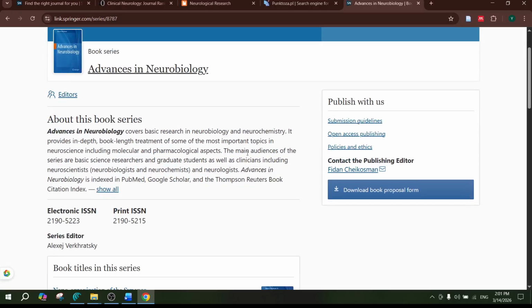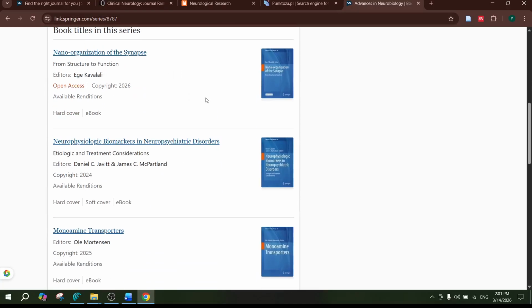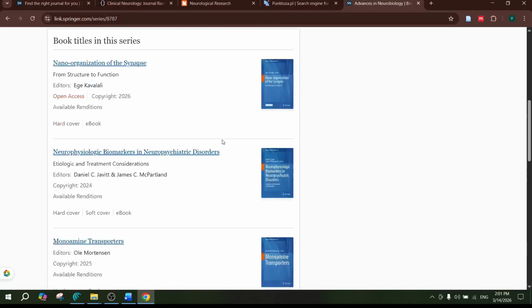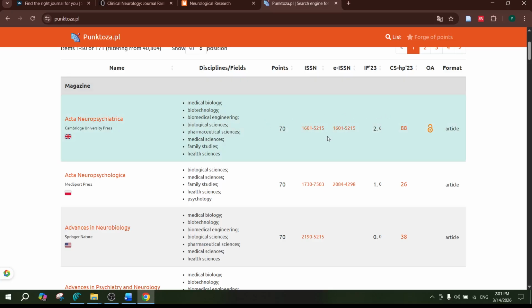Okay, it's a book series, research covers basic and clinical improvements. So yeah, it's not a usual journal. It's a book series, so it doesn't have an impact factor.